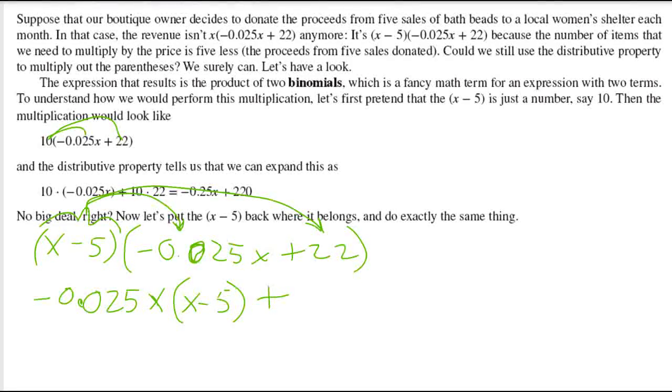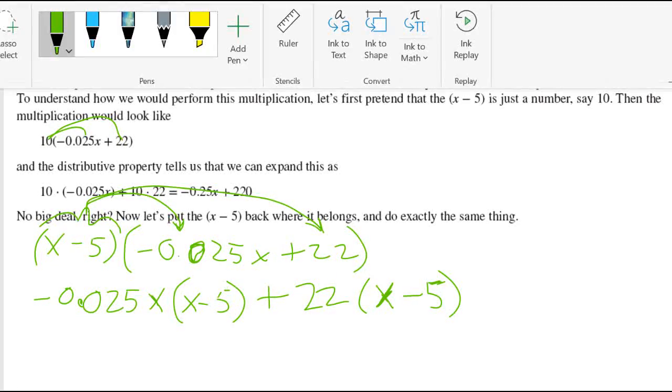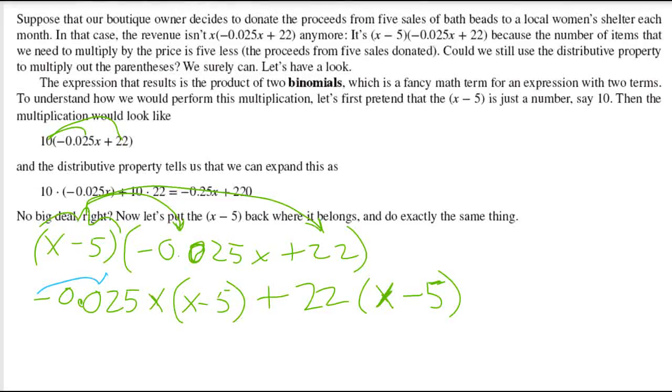Then I'm going to have plus x minus 5 times 22, but I'm going to write the 22 on the left. You'll see in the next step why I do that. Because now I have to take this whole thing and multiply it by both of these. I need to take my 22 and multiply it by both of these.